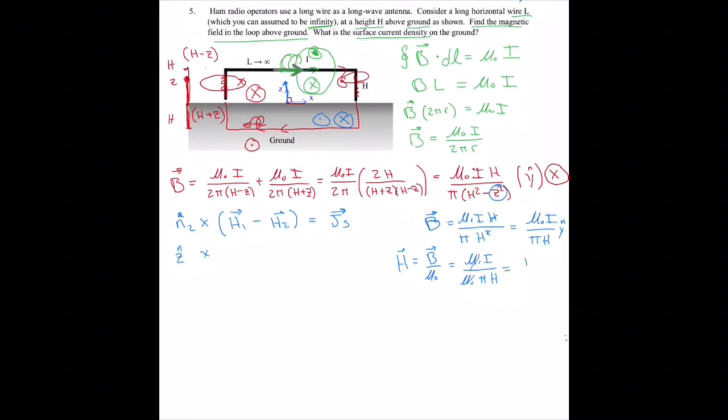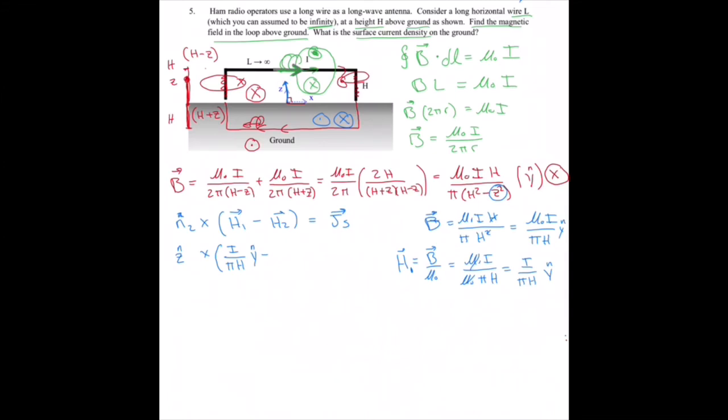So we end up with I over pi h, again in that y hat direction. And this will be our H1. Perfect. So let's plug that in. So now we have I over pi h, and that is in the y hat direction.